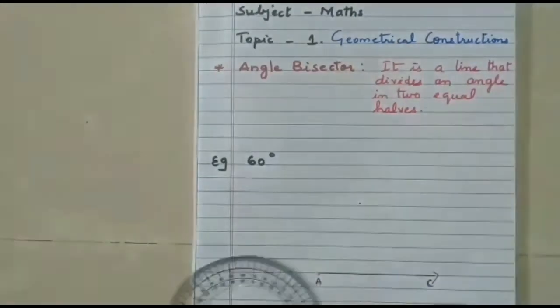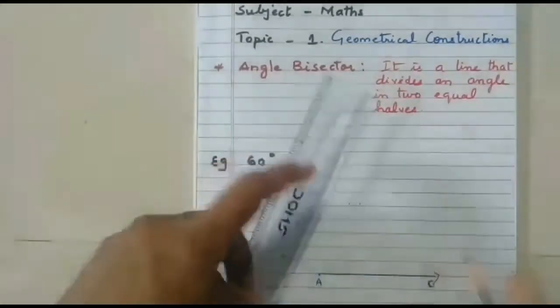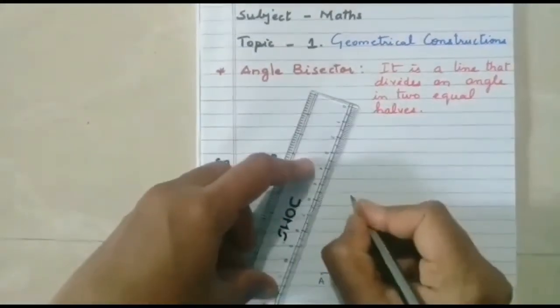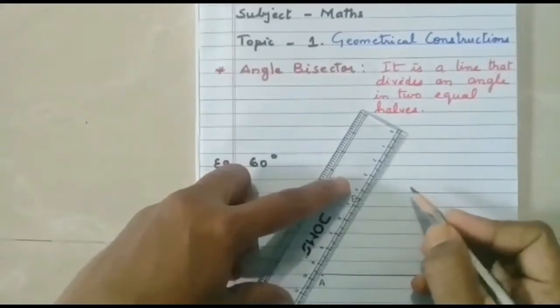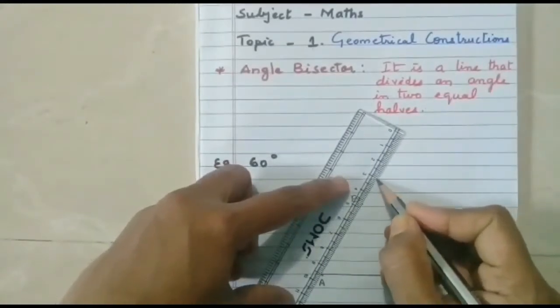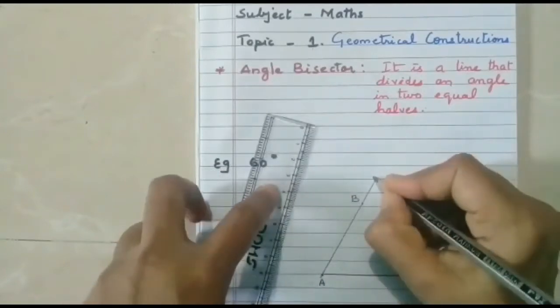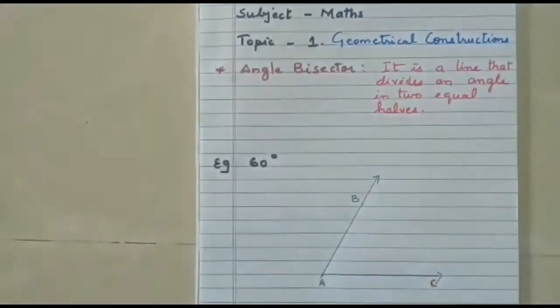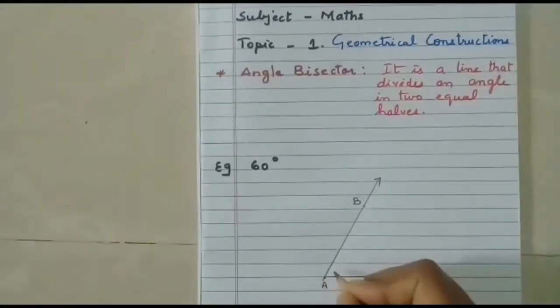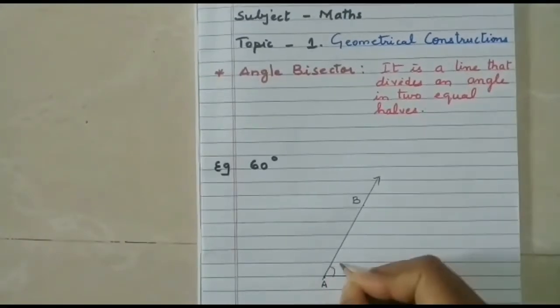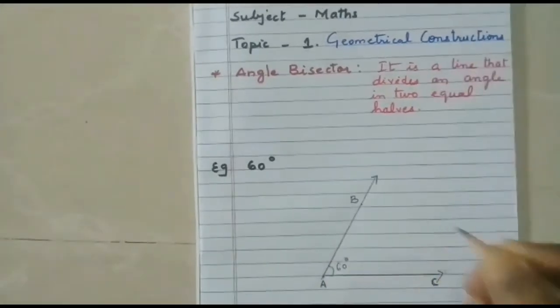This is 60 degrees. Now take a ruler, name the point as B, and join the two points B and A with the help of a ruler. Now label it as 60 degrees.